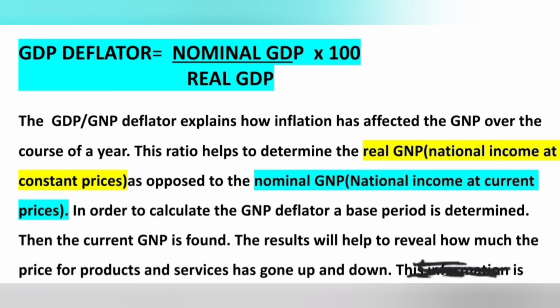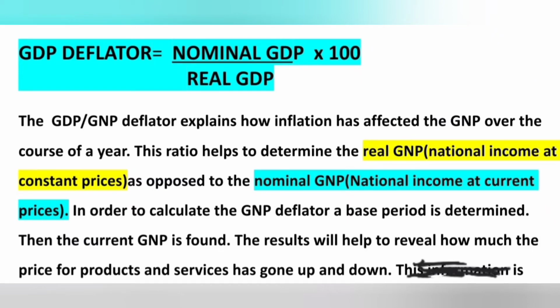And the nominal GDP or nominal GNP, that is at current prices, is price of the current year into quantity of the current year. In order to calculate GNP deflator, a base period is required. Then we have to calculate current GNP also. When both nominal GNP and real GNP are calculated, then nominal GDP divided by real GDP into 100, we will get GDP deflator.